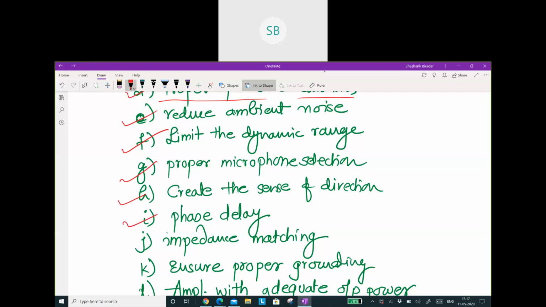The next parameter is phase delay. If the sound from two speakers is being heard simultaneously, then the path traveled by the sound from the nearest speaker will be shorter than from the speaker far away. So this delayed sound will hamper the quality.